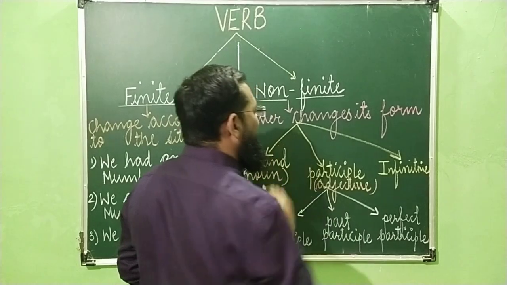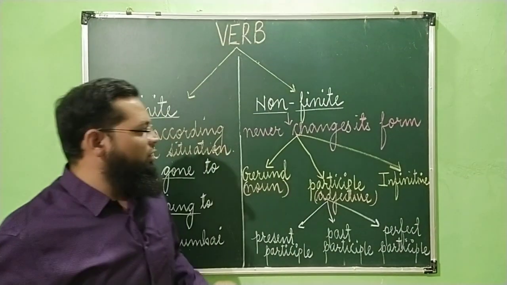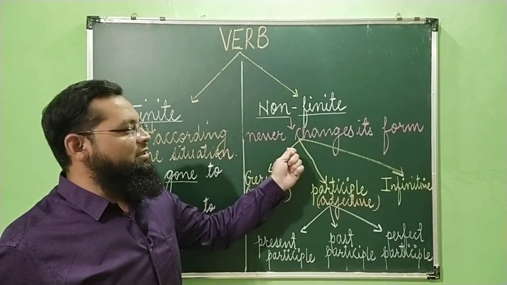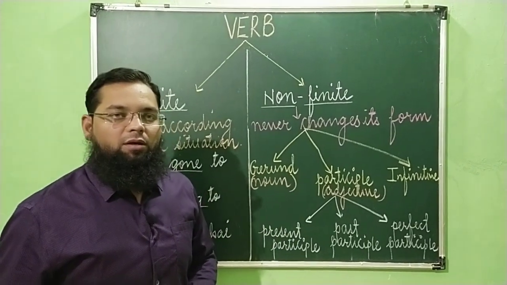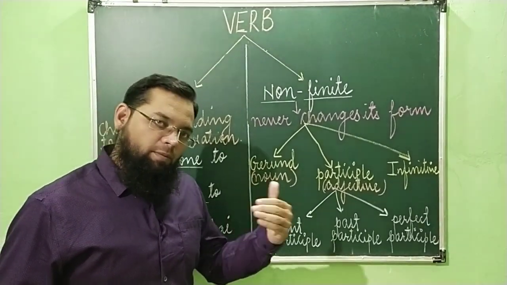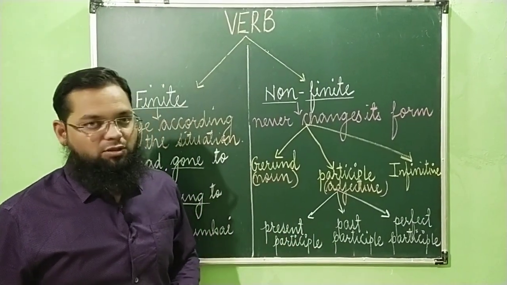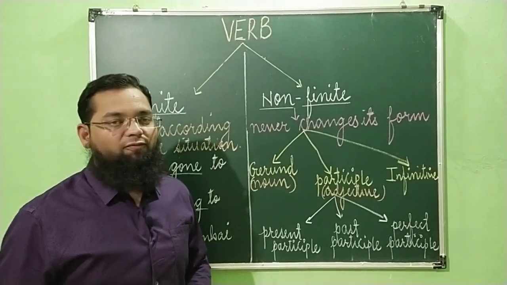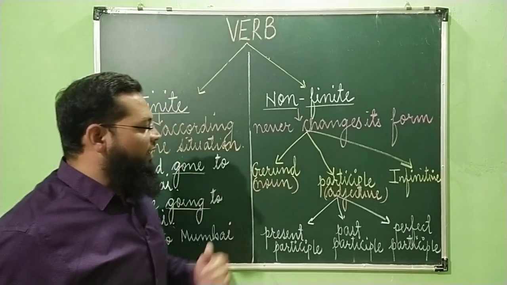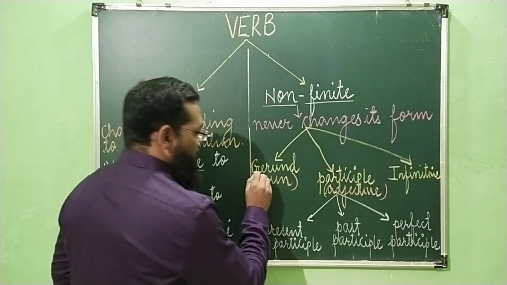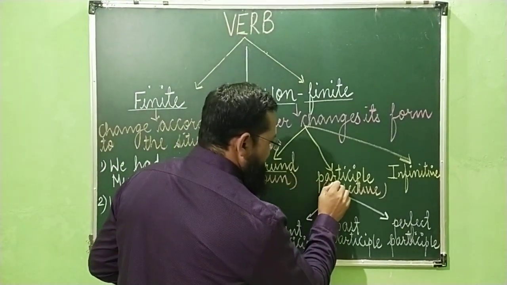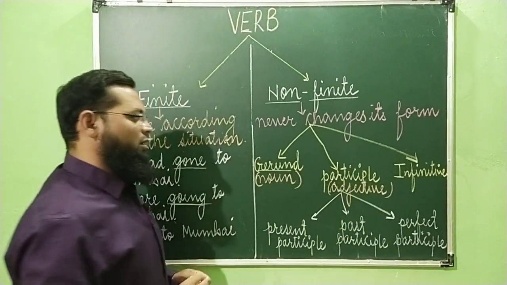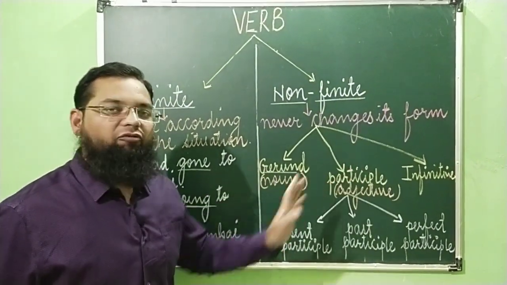So non-finite verbs are the verbs which never change their form. Let the situation change, but they never change their form. The non-finite verbs are gerund, participle, and infinitive.